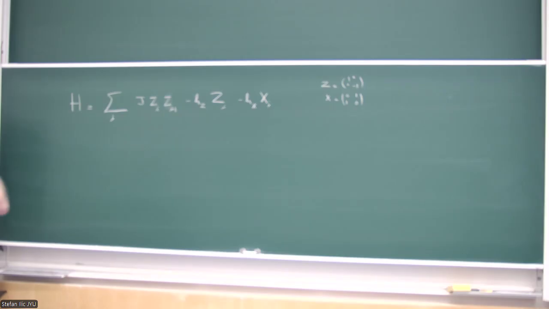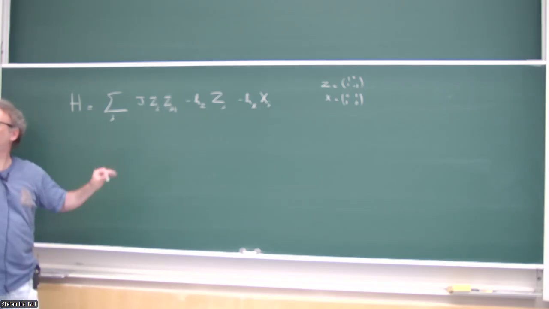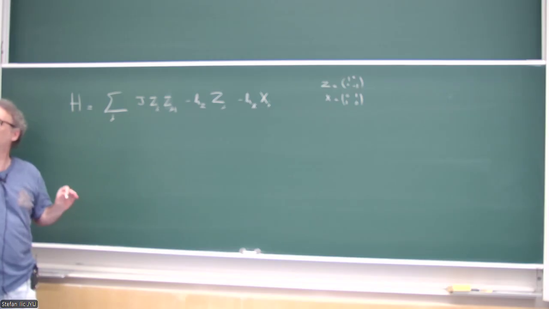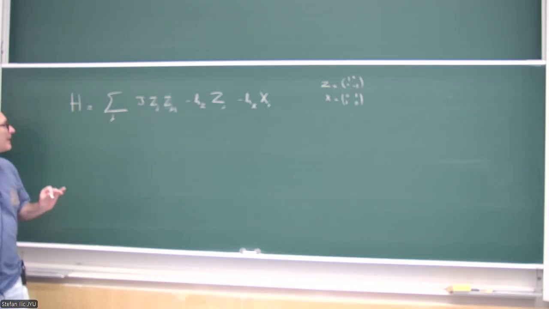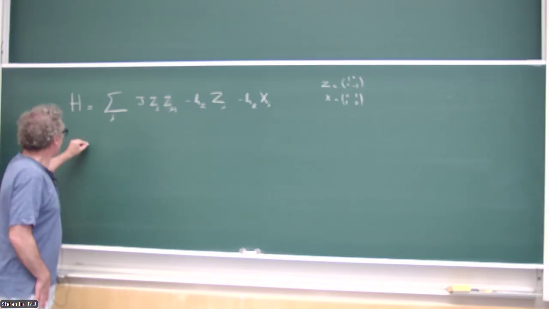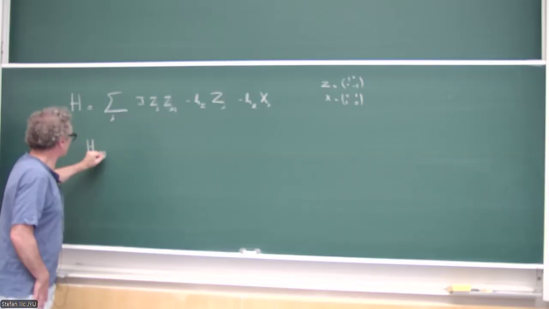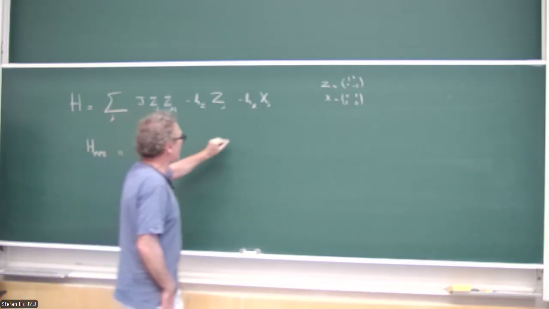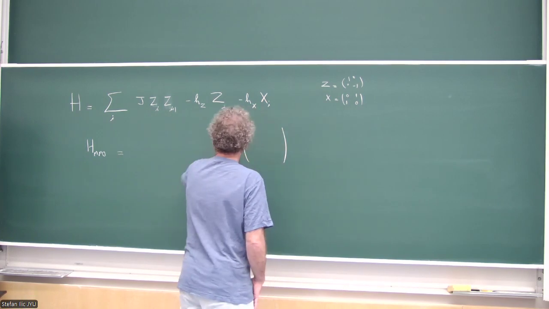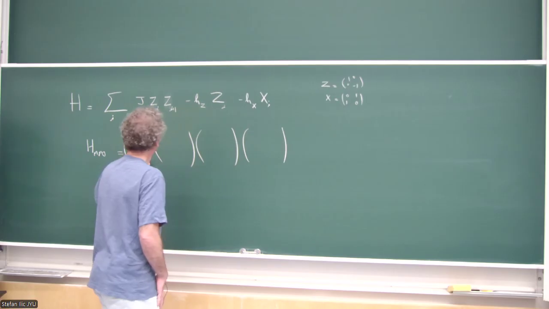So I need to build this MPO, and if I do it right, you will feel that it's very simple, and if I mess it up, it will look very complicated. So I will try to do my best. Essentially, the MPO for H will look like a product of matrices, right?